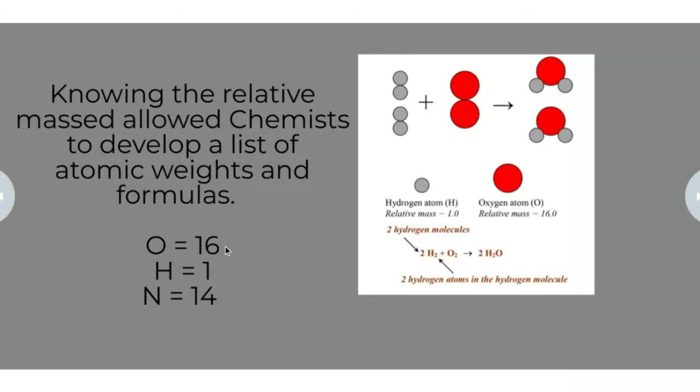The oxygen has a relative mass of 16 compared to the hydrogen is 1, and so forth. Nitrogen would have 14. So we amassed all this information for many elements, about 60 or 70. It was available around 1900. And chemists tried to make sense of it beyond just having a list of masses and formulas.